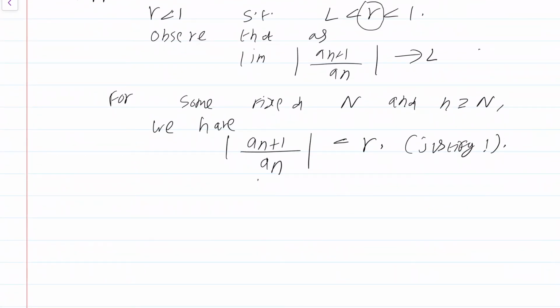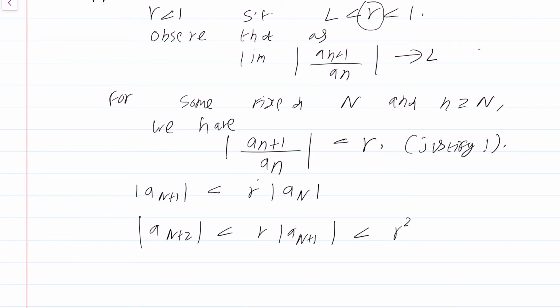Well, this shows that mod an plus 1 is less than R times mod an, right, in particular. Similarly, mod an plus 2 is less than R times mod an plus 1, which is less than R squared times mod an.